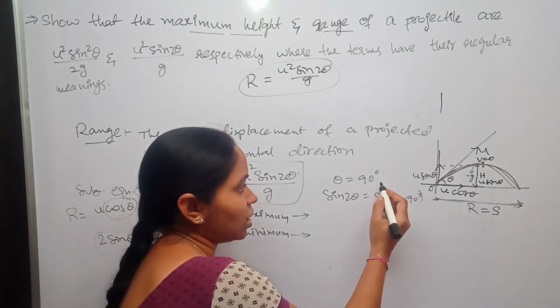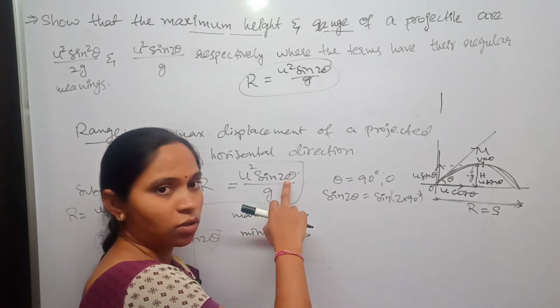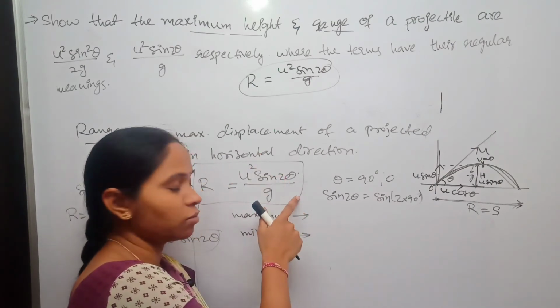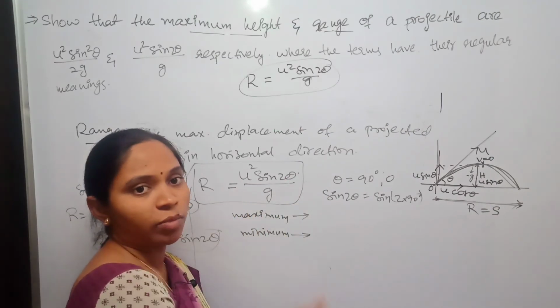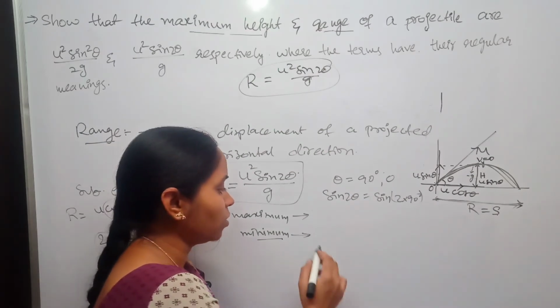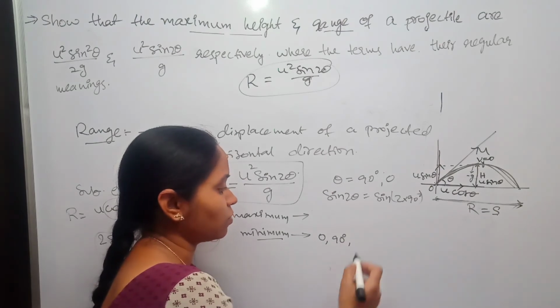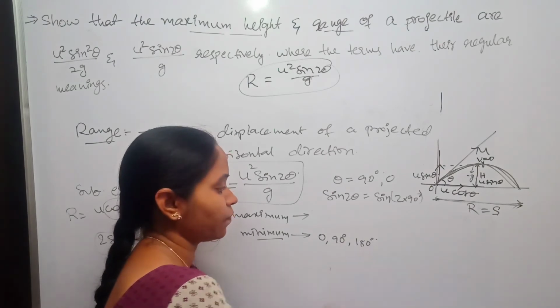If you take theta is equal to 0 degrees, sin 0 will be 0. Again, this entire term becomes 0 and the range will be minimum. The range will be minimum when theta is equal to 0, 90 degrees, 180 degrees and so on.